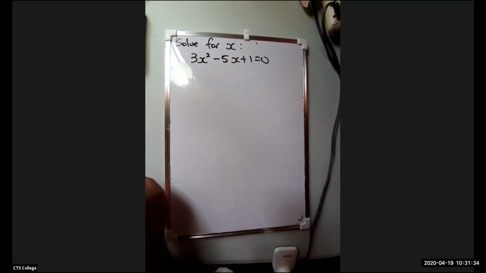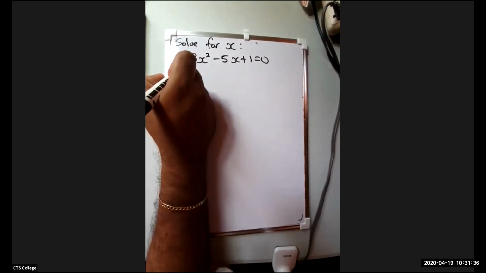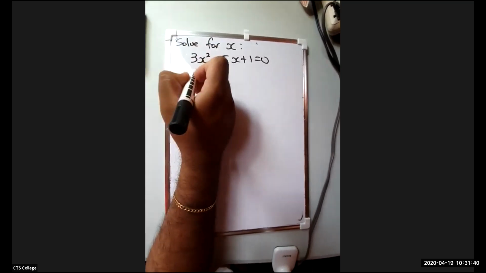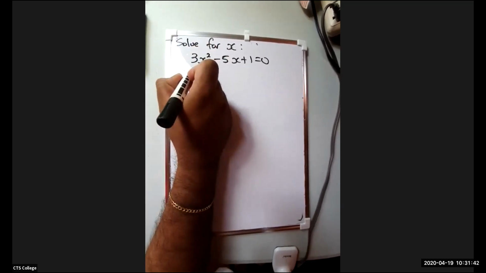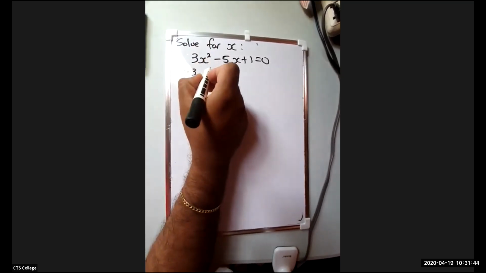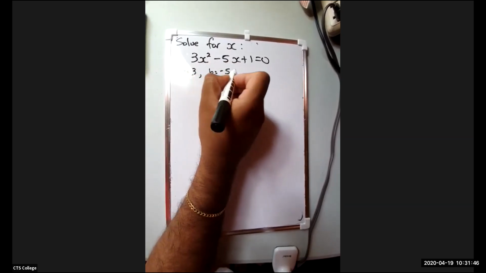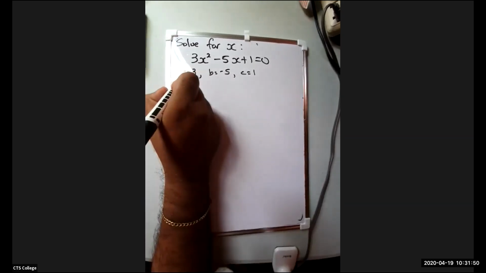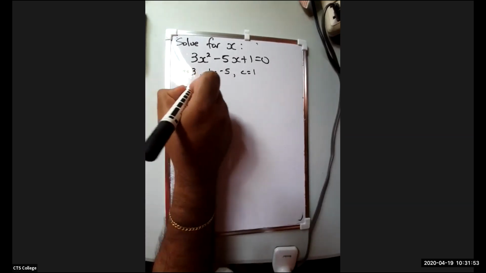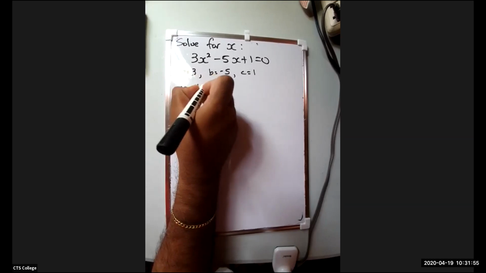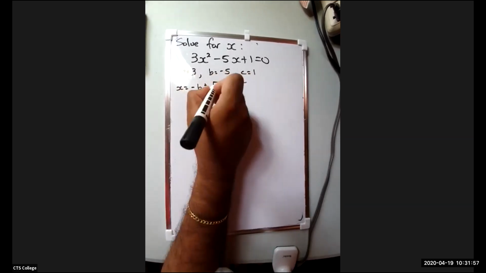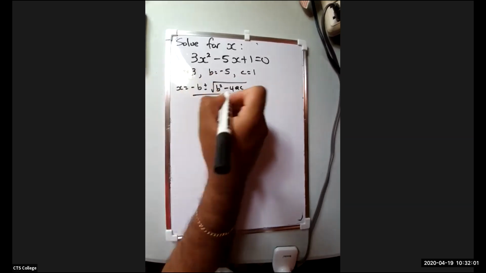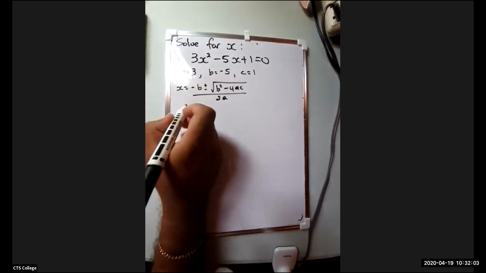So the formula, well, let's identify our variables first. Our constants: a is 3, b is -5, c is 1. So the formula is x equals minus b plus or minus the square root of b squared minus 4ac, all over 2a.